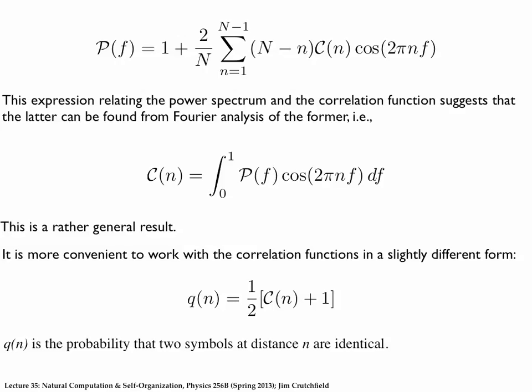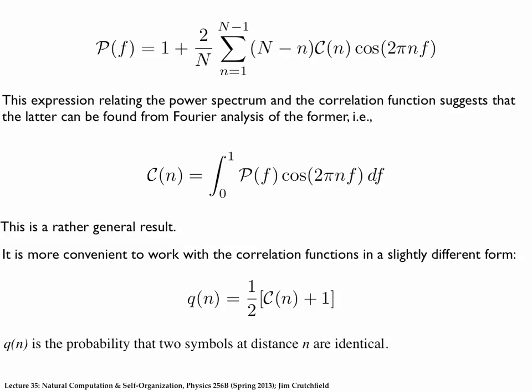I have a function expressed as a series of cosines. I can pull the Fourier trick and multiply both sides by a particular cosine of a particular frequency. I can then do the integral, and one of those terms will pop out.